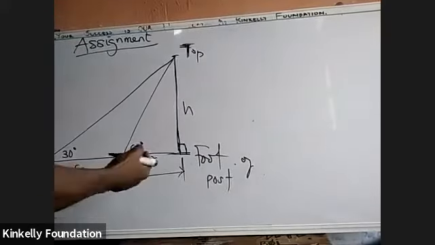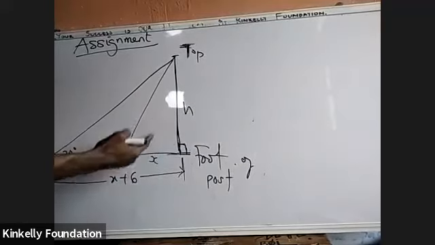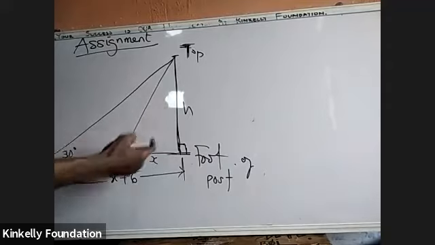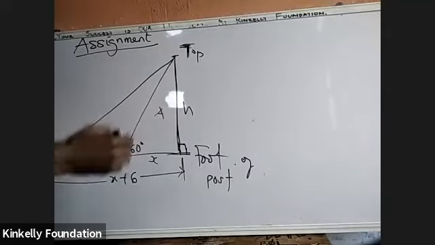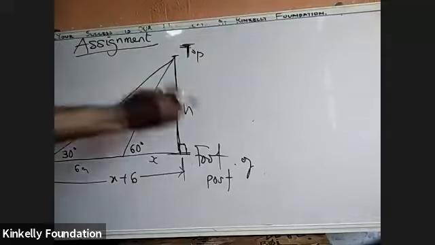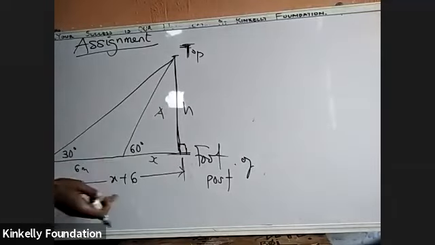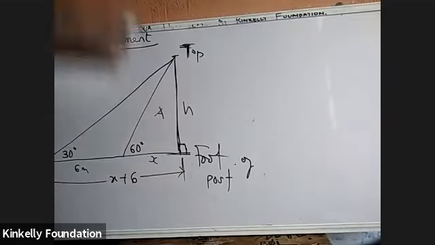We notice here that this is the opposite, and here is the adjacent of this particular triangle. In the figure, this serves as the opposite of this angle, while this serves as the adjacent.